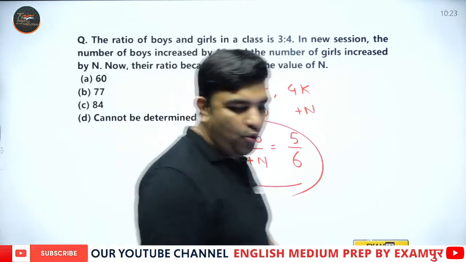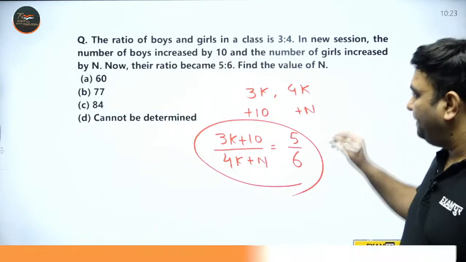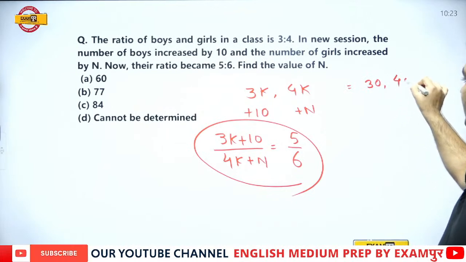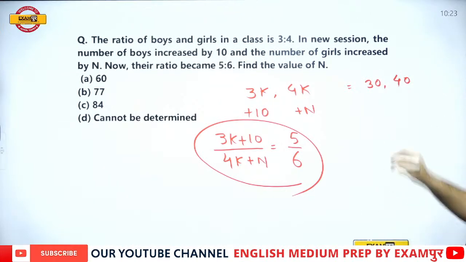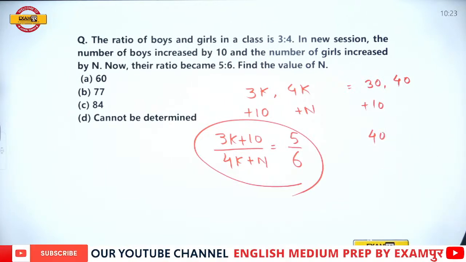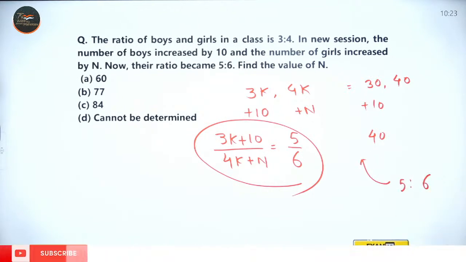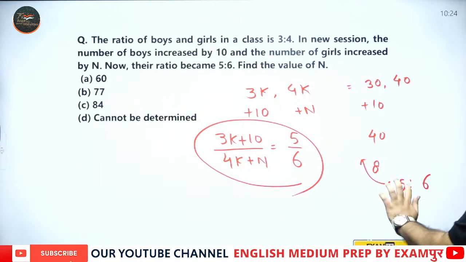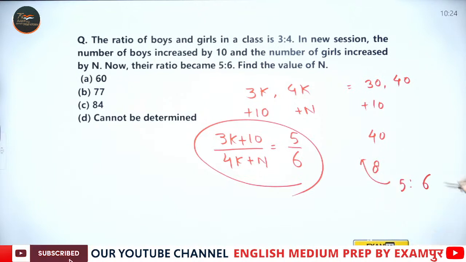Let me give you the demo. Let's suppose it is 30 and 40, where k is 10. Once you add 10 to the boys, it becomes 40. Now your ratio is 5:6. 5 times 8 is 40, 6 times 8 is 48.